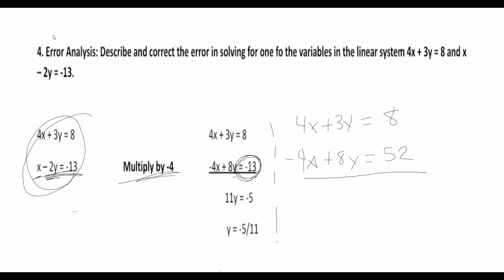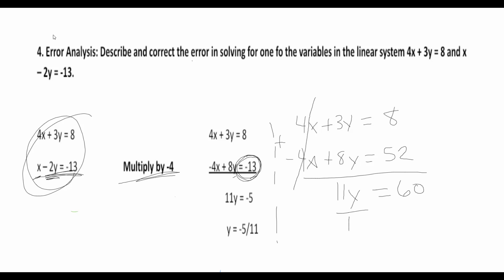Okay, so we're going to add both of these equations. 4x plus a negative 4x, or 4x minus 4x, cancels out. And then 3y plus, oop, told y'all the answer. 3y plus 8y is 11y. And then 8 plus 52 is 60.